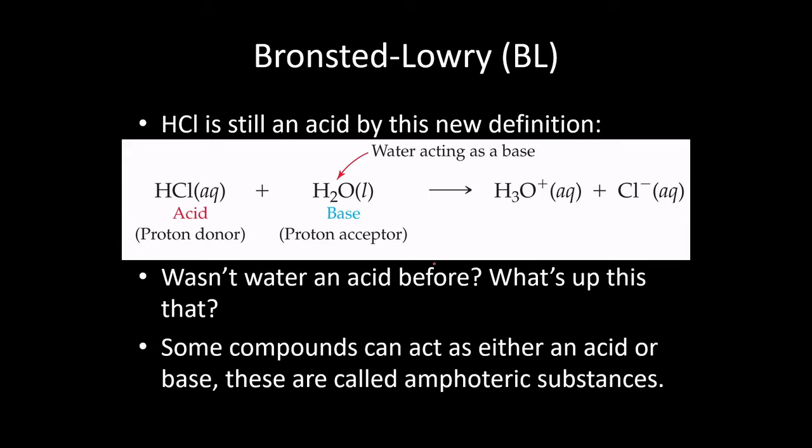Acids, kind of the same thing here. HCl, which was an Arrhenius acid, is still going to be a Bronsted-Lowry acid, because in this case we have the HCl donating the H plus to the water. And so you end up with H3O plus and Cl minus. So it is still acting as an acid, just under a slightly different definition.